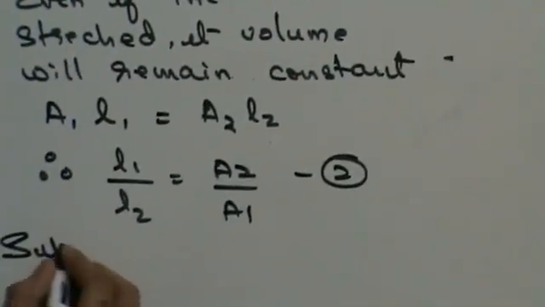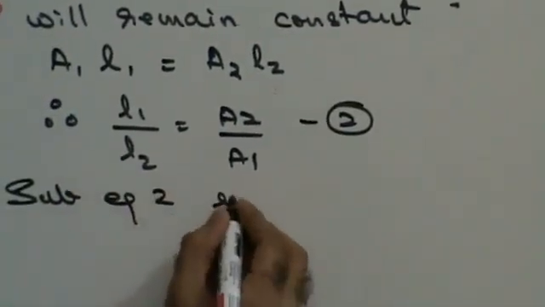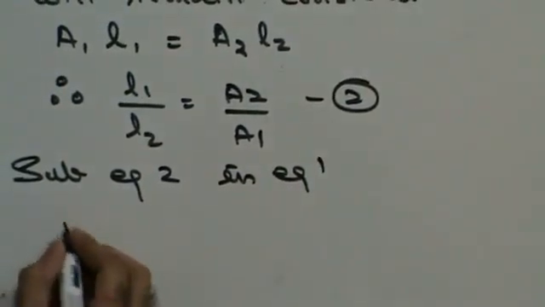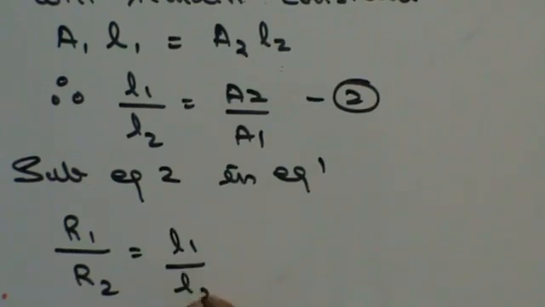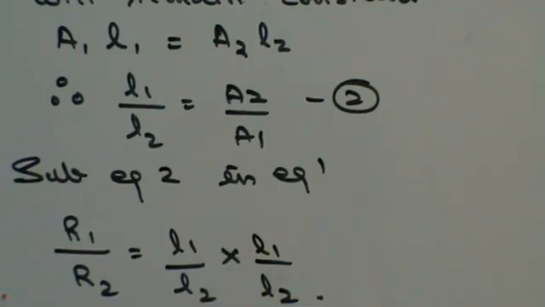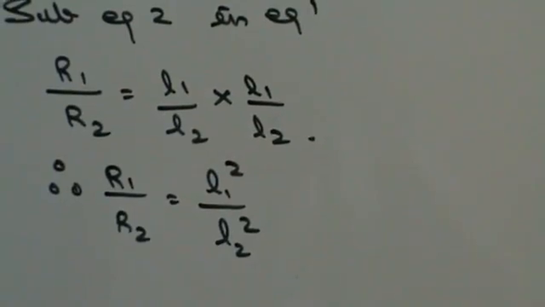So I'll get R1 upon R2 is L1 upon L2. Instead of writing A2 upon A1, I can write L1 upon L2. Therefore, I will get R1 upon R2 is L1 square upon L2 square.